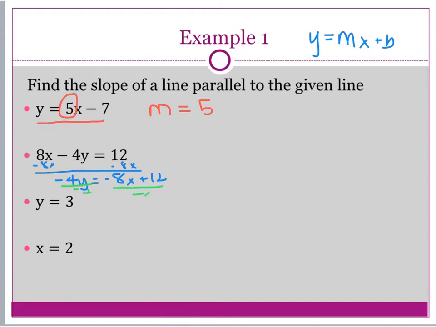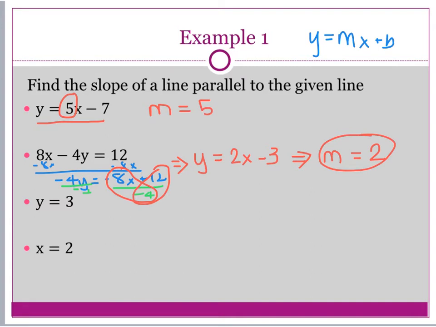So when I divide both sides by negative 4, I'm going to end up with y equals negative 8 divided by negative 4 is going to give me a positive 2x. Then I have 12 divided by negative 4 gives me minus 3. So when I ultimately have to find my slope, that tells me that the slope of a line that is parallel to this has to be 2.